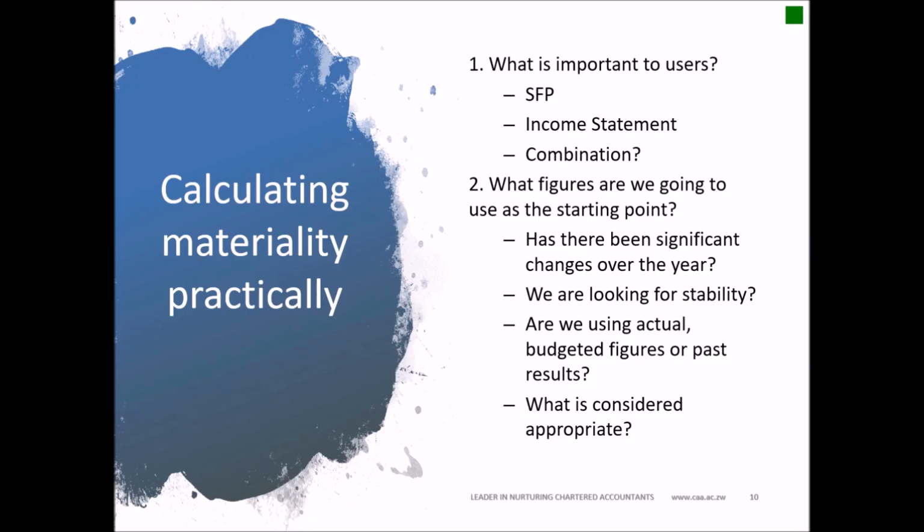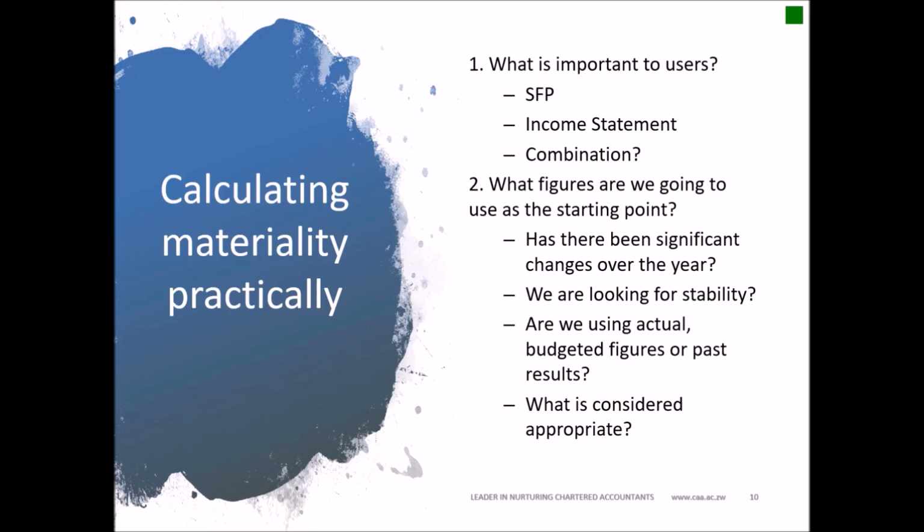We'll do an example shortly. So we are looking for stability before we can select the particular statement to use to determine materiality. Are we using actual, budgeted figures, or past results? What is considered appropriate so that we will not miss anything in the financial statements?